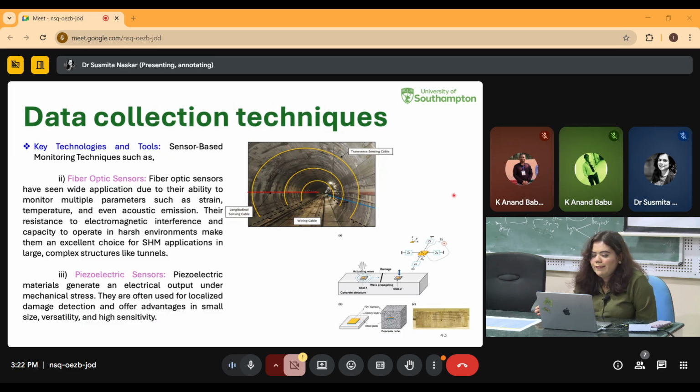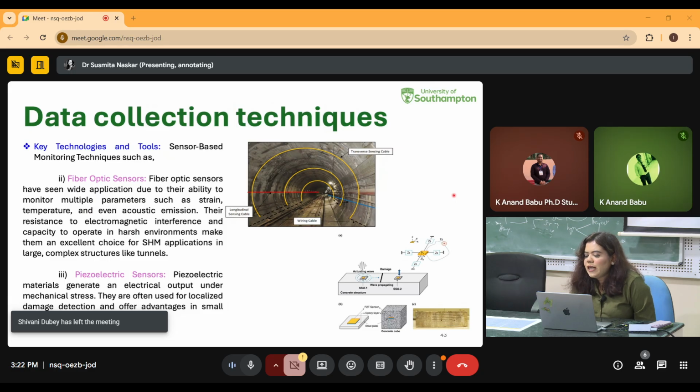So please remember that we are very much concerned about large projects or large infrastructure, because that's the place where manual monitoring or the simplest way of monitoring does not work, because we need a lot of costing, we need a lot of other complexity. So in most cases we are interested to understand how things become complex and how we take care of it, right? So as I said, fiber optic sensors are quite good when we talk about large structures and complex structures.